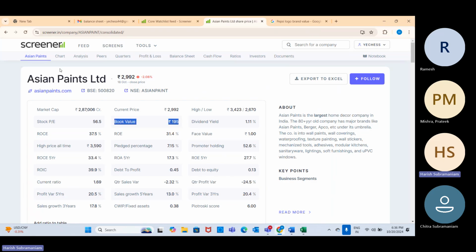Tomorrow, if for some reason Asian Paints is dissolved, then each shareholder will get some amount approximating this, approximately 195, 200 rupees per share. If the person has 100 shares, that will be 200 into 100, about 20,000 rupees.